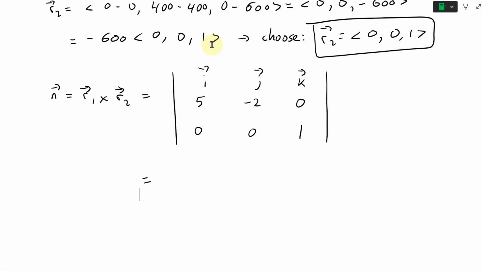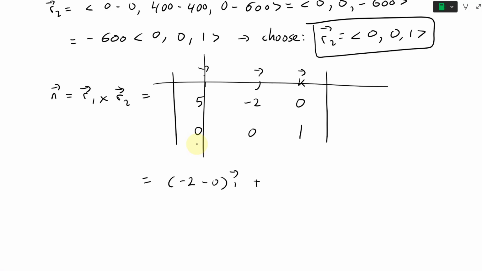Now, if you recall, for the first one we block out this column, cross it out like that, and then multiply these two and subtract these two. So the first one is negative 2 times 1 minus 0, which is just negative 2, times i. Then plus the next one, and the middle one is a negative, remember that. 5 times 1 is 5 minus 0, and that's going to be j.